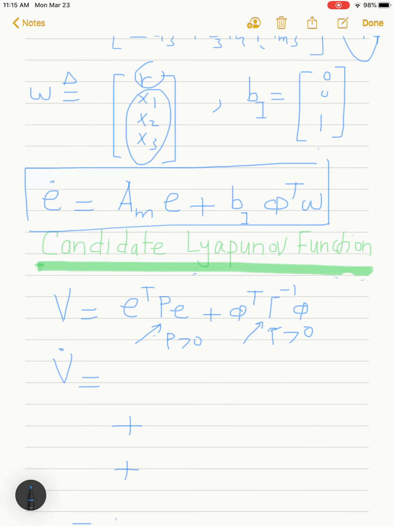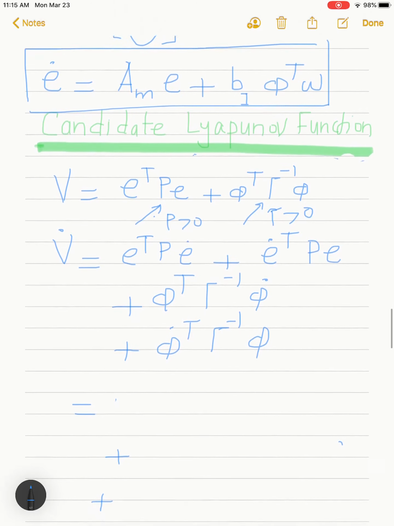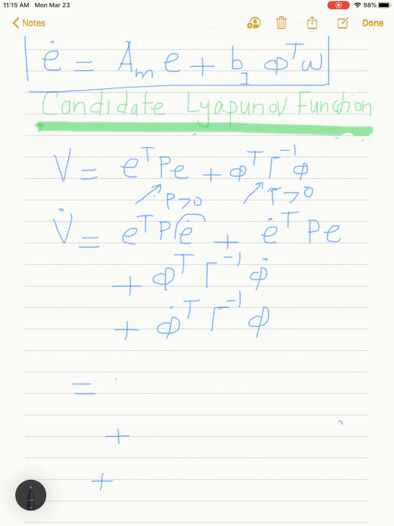So I'm going to take the derivatives of the different terms in V. So I would get E transpose P times E dot plus E dot transpose P E plus phi transpose gamma to the minus 1 phi dot plus phi dot transpose gamma to the minus 1 phi. Now the expression for E dot here and here would be taken from the error equation that we have derived before.